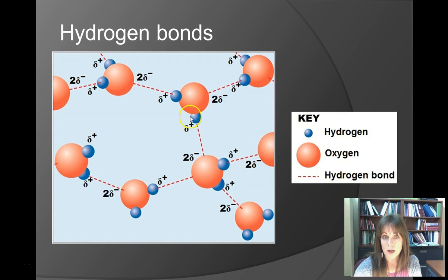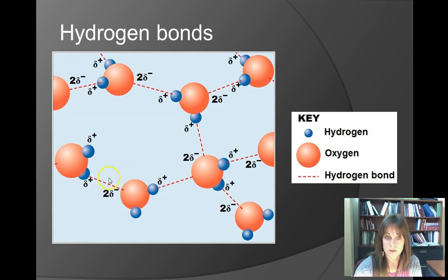We've got two hydrogens and an oxygen, H2O, water. You notice there are these partial charges here. This hydrogen is a little bit positive, this hydrogen a little bit positive, this oxygen a little bit negative. So water is a polar covalent molecule.